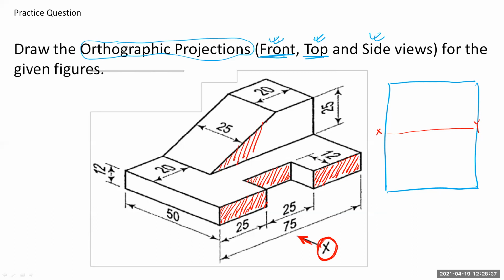Yes, sir, he will be able to see. Okay. So the red color I am using to draw what he will be able to see in his front view. So this portion he will be able to see in his front view. Anything else he will be able to see? Nothing, sir.